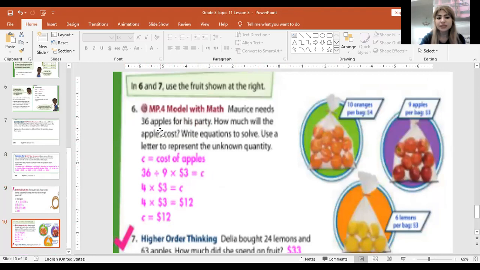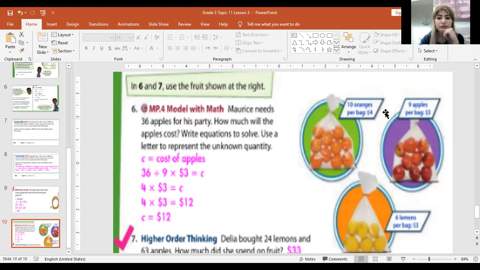Maurice needs 36 apples for his party. How much will the apples cost? Write equations to solve. Use a letter to represent the unknown. So here he's telling you to use a letter to represent the unknown. He needs 36 apples, and here I have 9 apples for $3, I think, yes. Sorry, the page is not good, but I know you have it in your book.